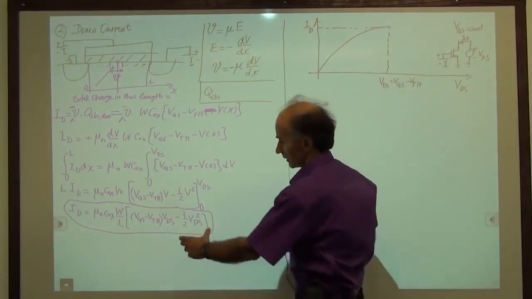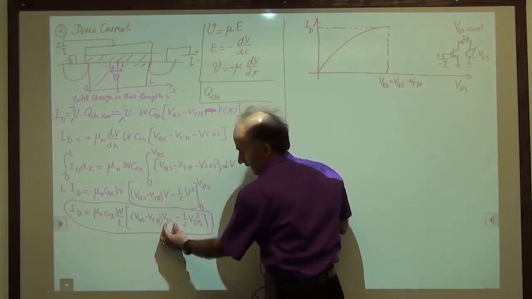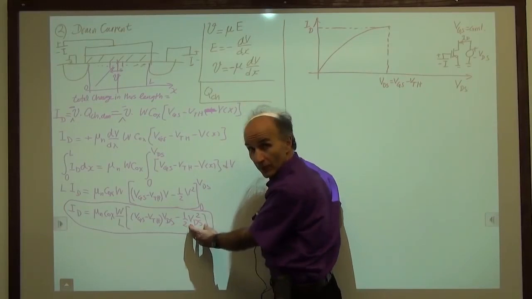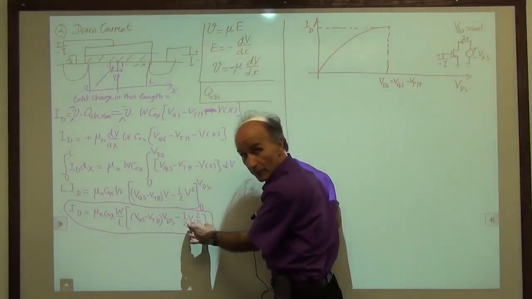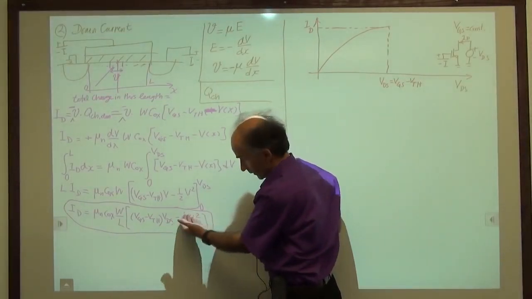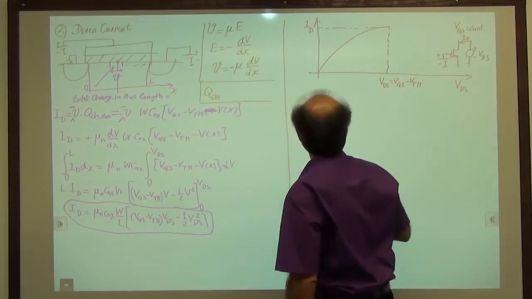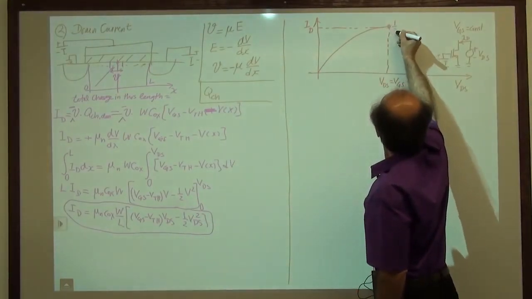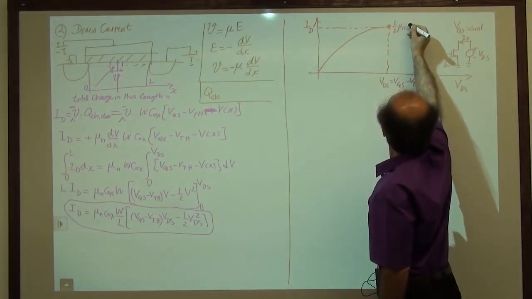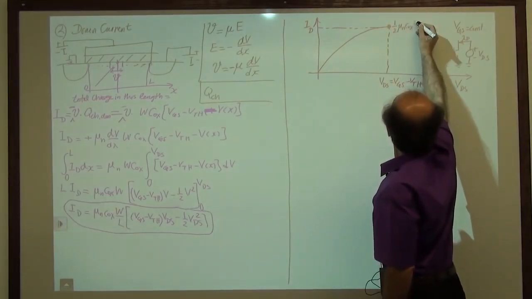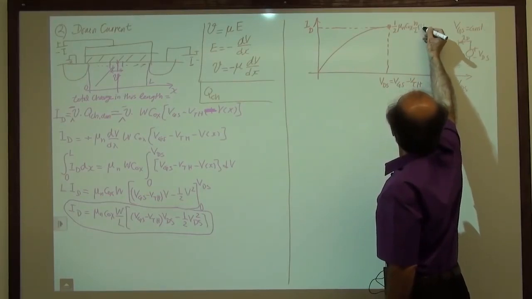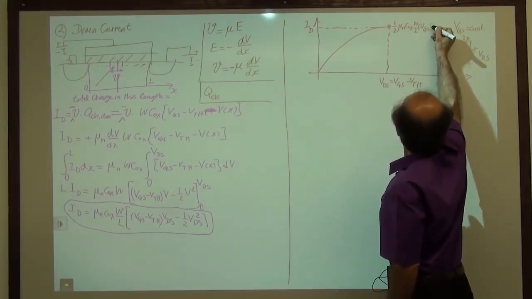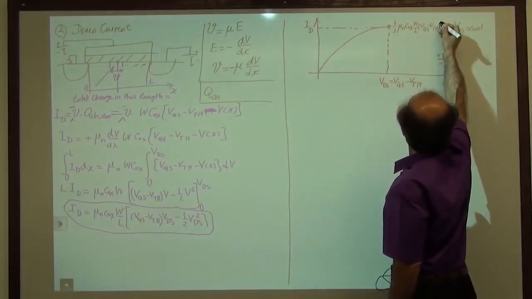So we go in here and say for VDS equals VGS minus VTH, we have reached a maximum. So we replace VDS with VGS minus VTH and subtract. That's very easy. So that gives us this value here, equal to 1/2 of mu n Cox W over L, VGS minus VTH squared.